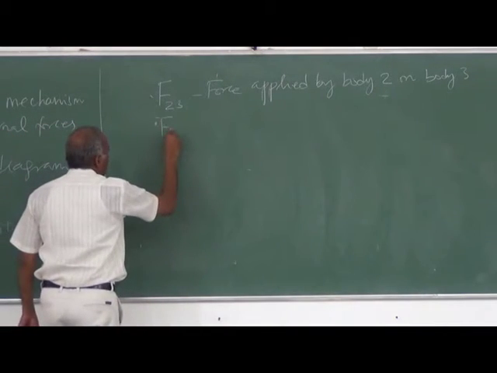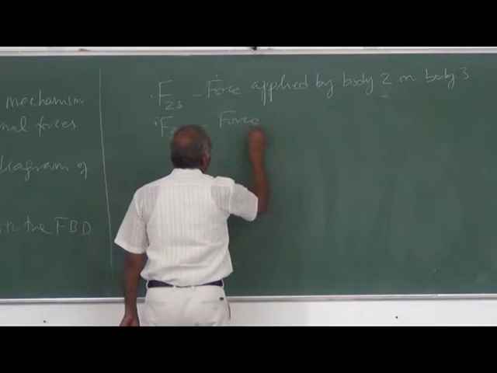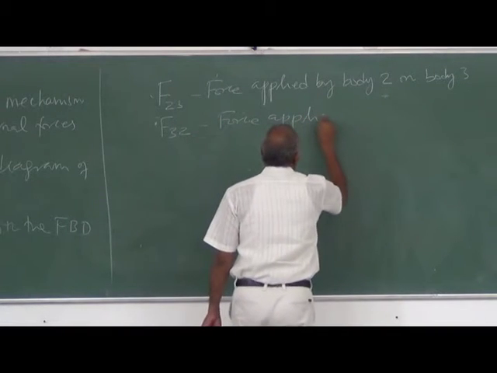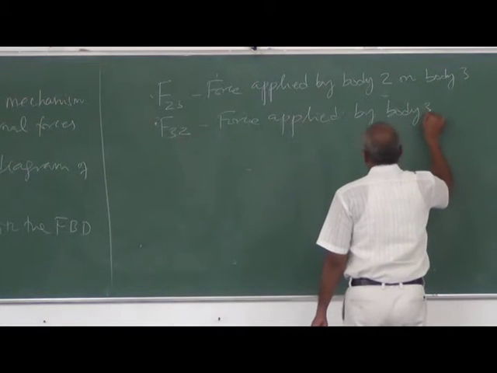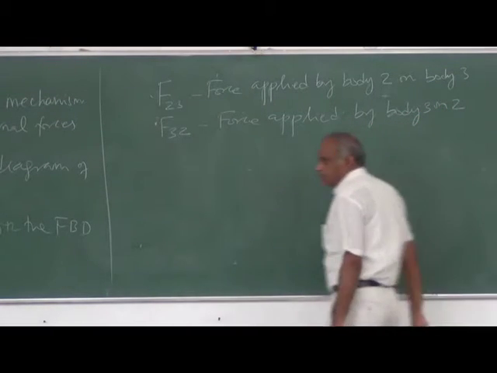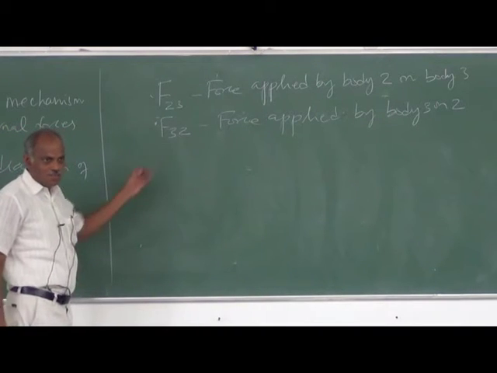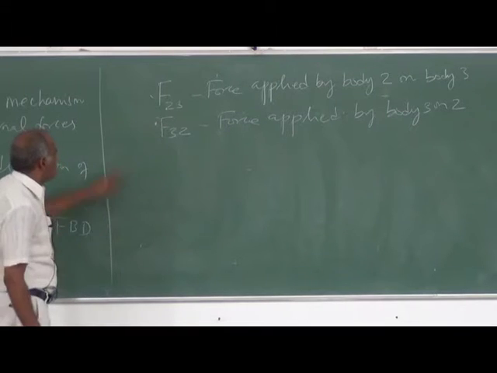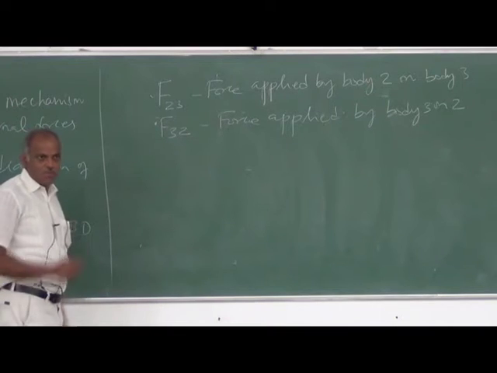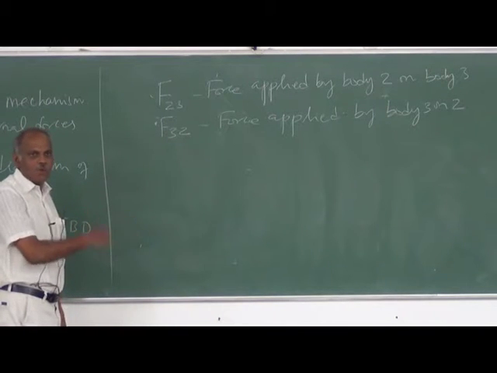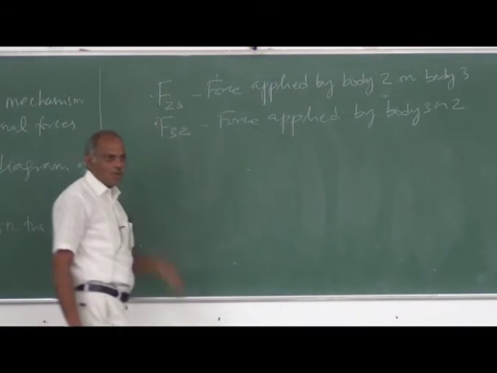We say F32 is the force applied by body 3 on 2. So, we have to follow these conventions for convenience and consistency. The reverse, you should not put. F41 means force applied by body 4 on linkage 1. So, that we have to consistently follow.